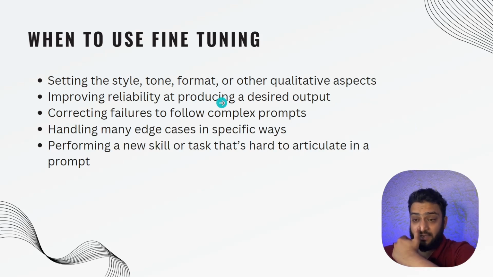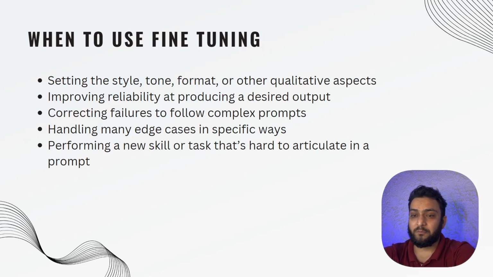Okay, when to use fine-tuning? You can use fine-tuning when you want to completely change the style or tone or maybe the format in which you're getting the output, and other qualitative aspects. So remember the word qualitative, because this is important. It's not quantitative. Let's say you have tons of documents, like 1,000 or 10 million documents, and you're trying to fine-tune a model on those documents.